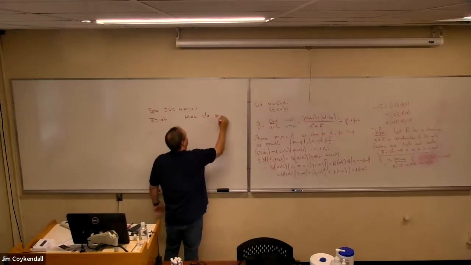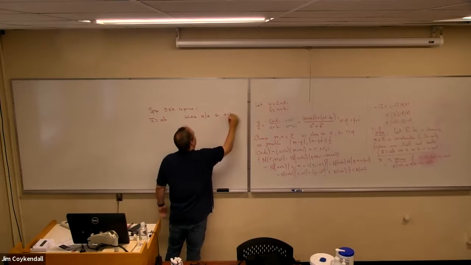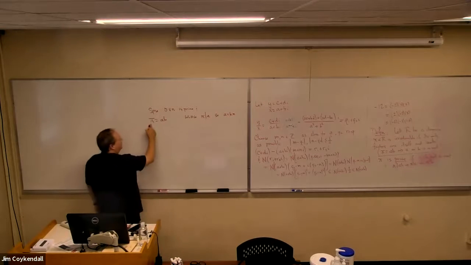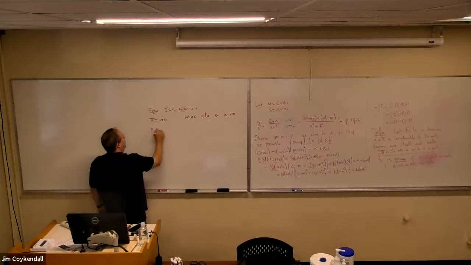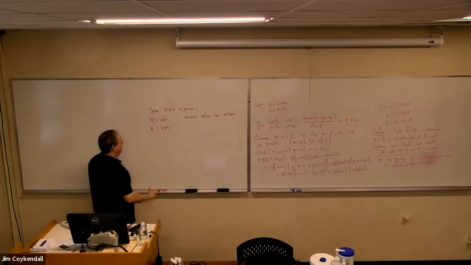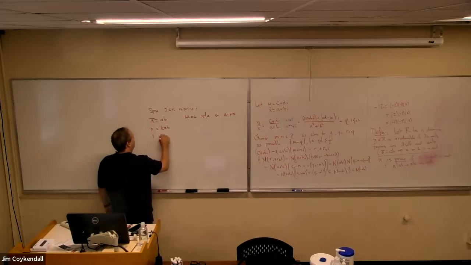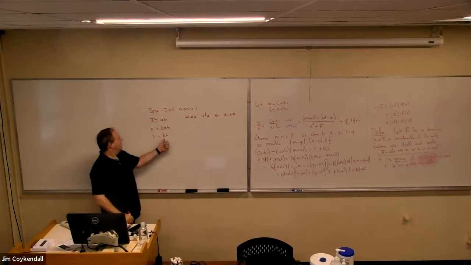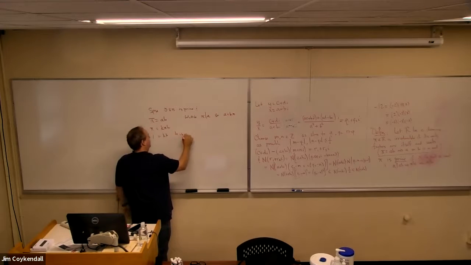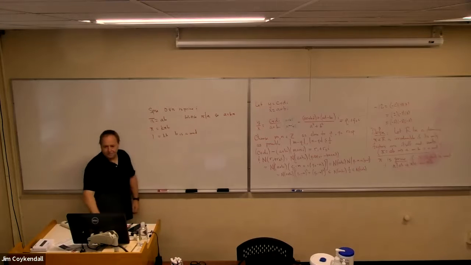So A equals k pi. And so let's go back to this equation. We get pi equals k pi B. Cancel the pi, and you get 1 equals kB. That means that B is a unit, because B divides 1. Right?